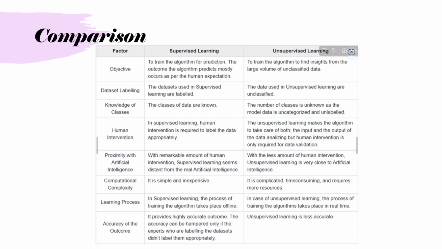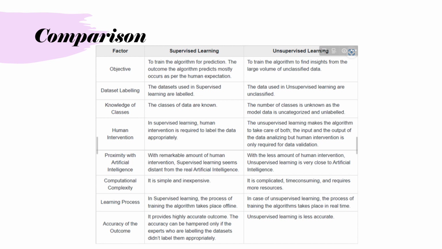In supervised learning, a kind of human intervention is required, but in the case of unsupervised learning, we don't need such human interaction. Proximity to artificial intelligence is much more in unsupervised learning because less human intervention is needed. Computational complexity is higher, time consuming, and requires more resources in the case of unsupervised learning.